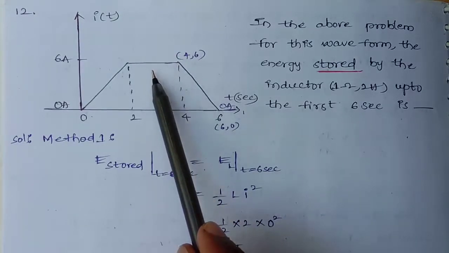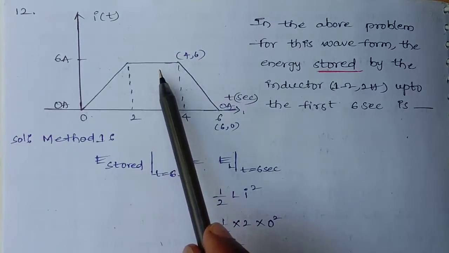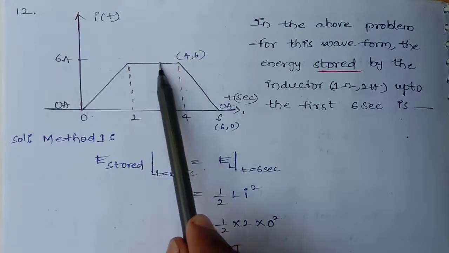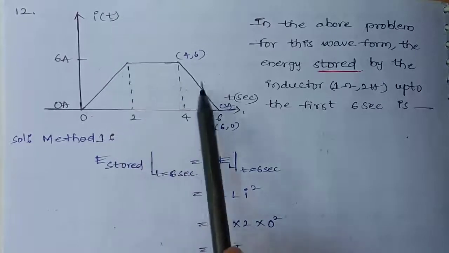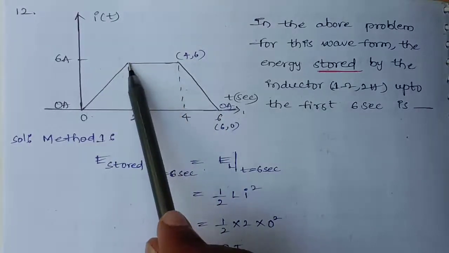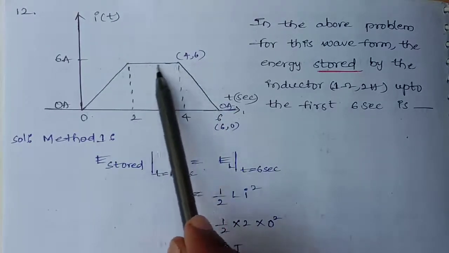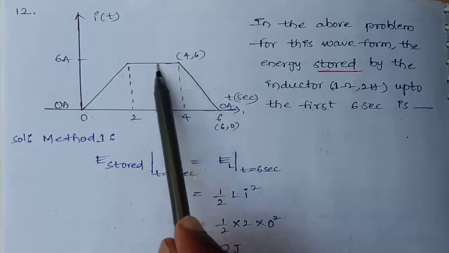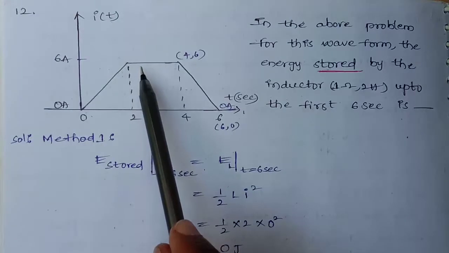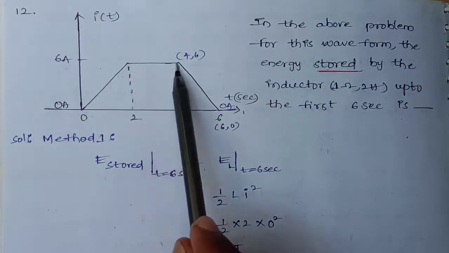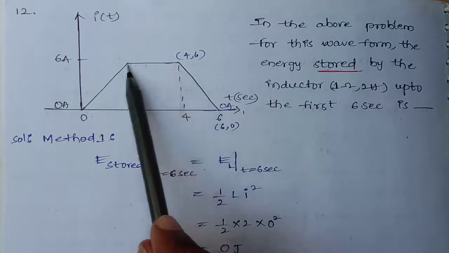You need to find out the energy stored by the ideal inductance part during this region only, because these two regions are cancelled out. In this region the current is constant.